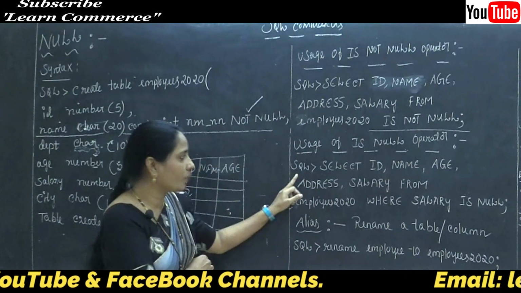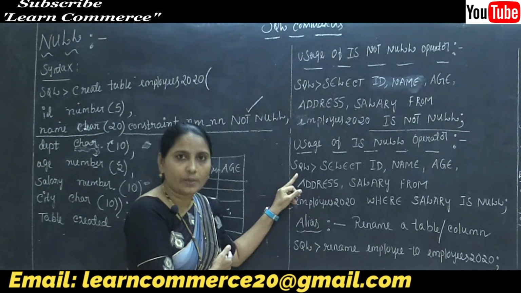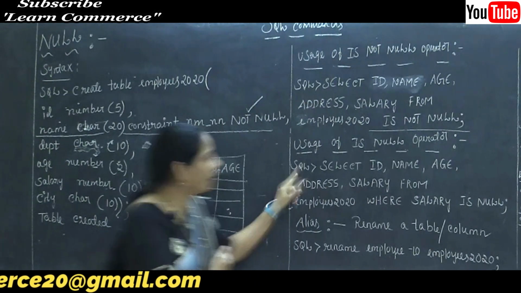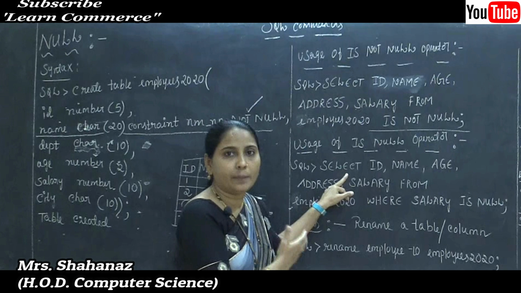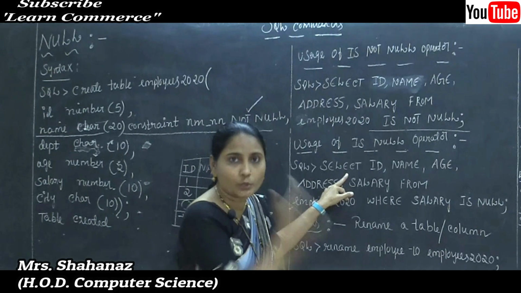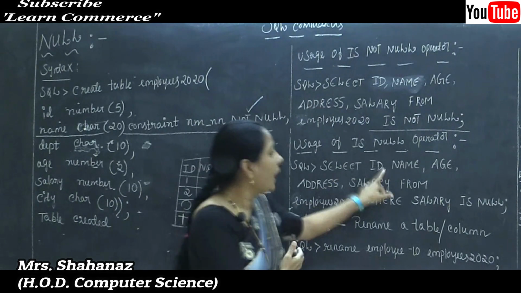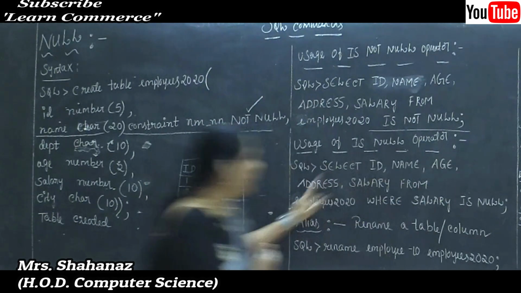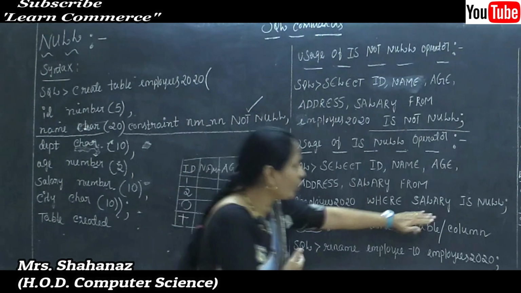So the first one is, we know that everything starts from SQL, structured query language, and I am going to select from a table I already created. The table is employees 2020 and such a table has some columns. The columns are ID, name, age, address, salary here, and later I am using one most important note.